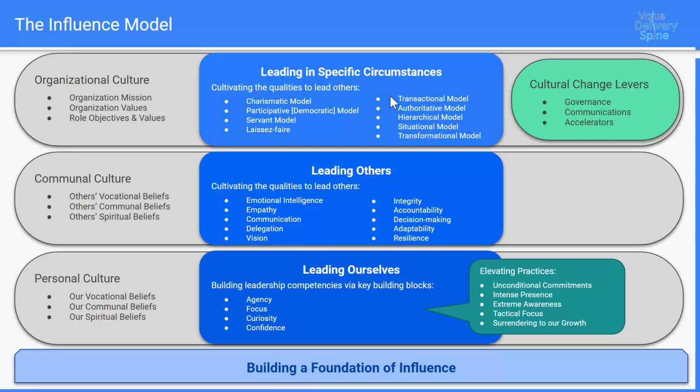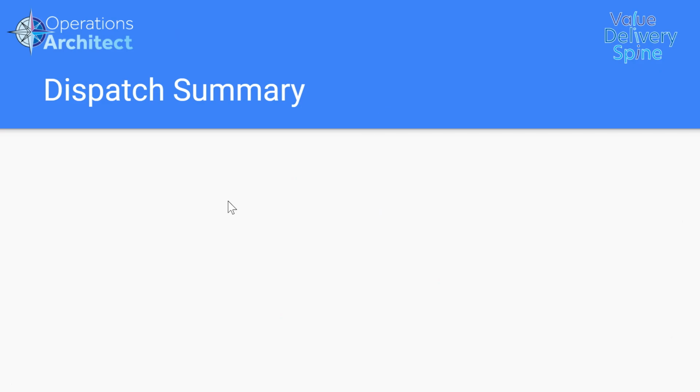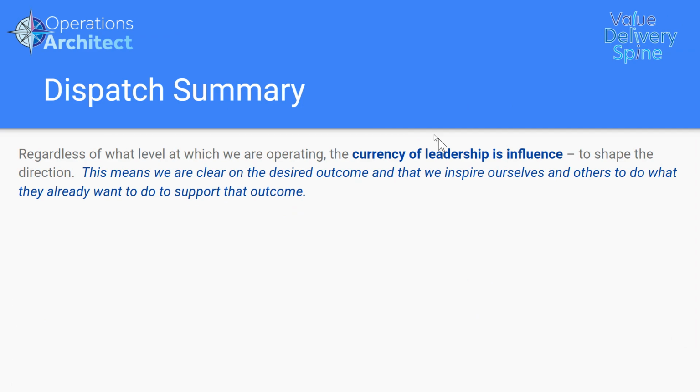And that's the model. This is the influence model as it's been built out in the previous 14 episodes. You've now in the Capstone seen it all. Just remember that leadership is underwritten by the currency of influence. And influence is what you're trying to do regardless of your leadership style and how you're trying to apply it.